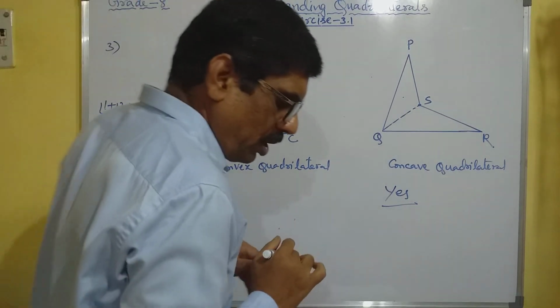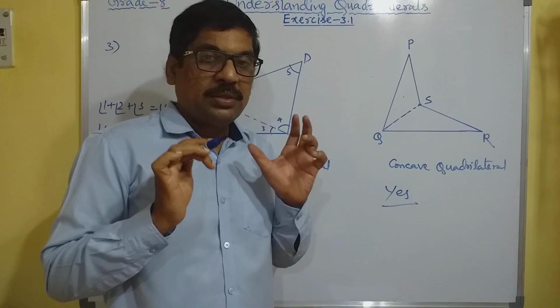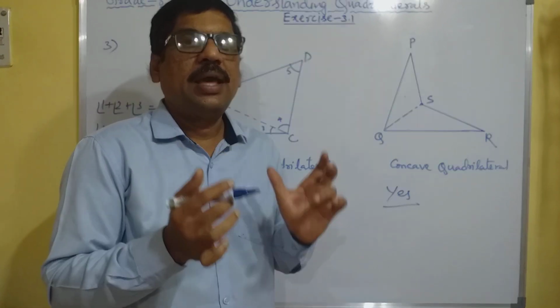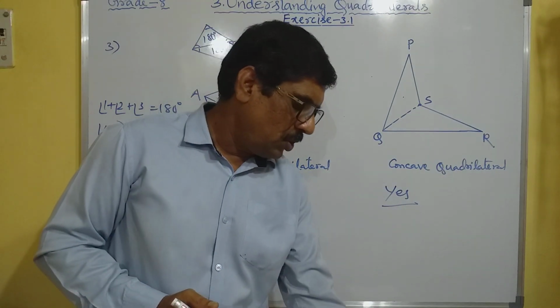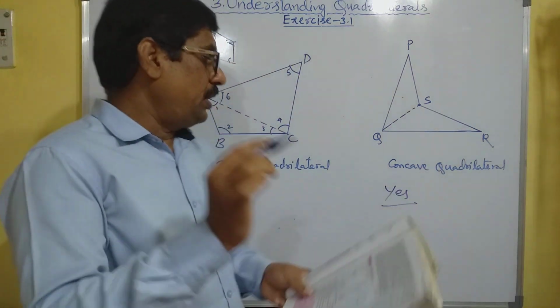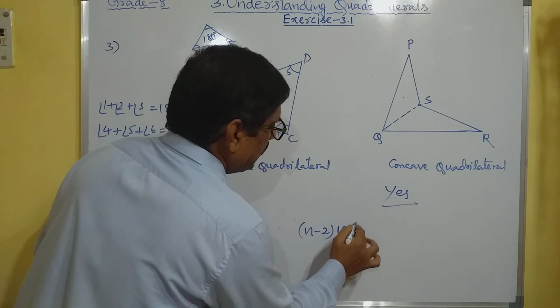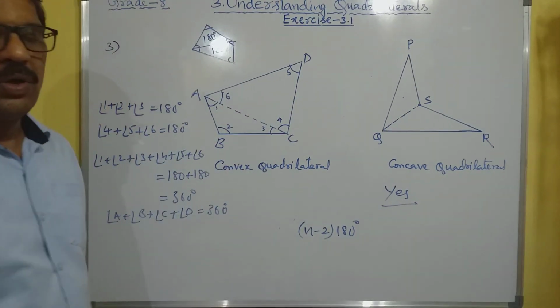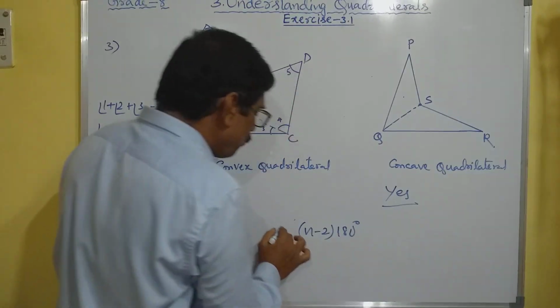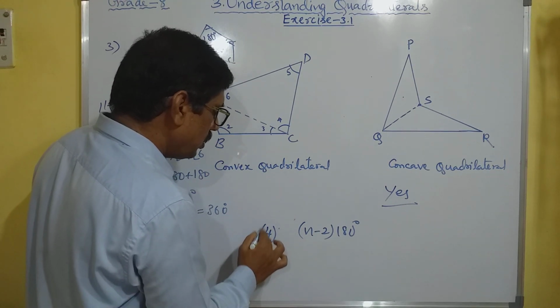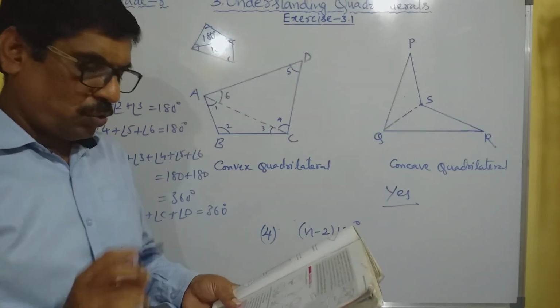Now we have a formula to find the sum of the angles in a polygon. Okay. See, that is n minus 2 into 180 degrees. Okay. So by using this we can do the problems in the fourth Roman.